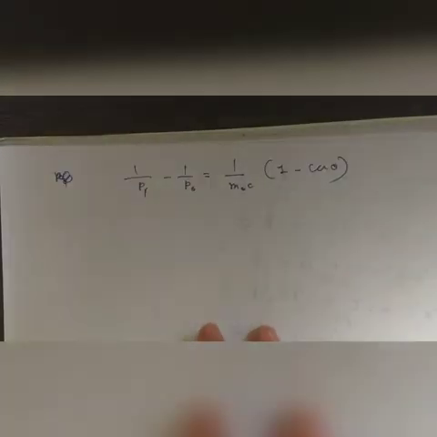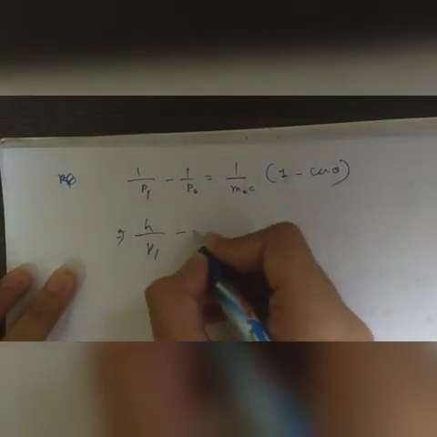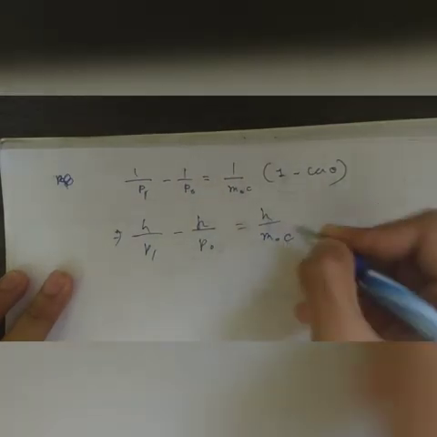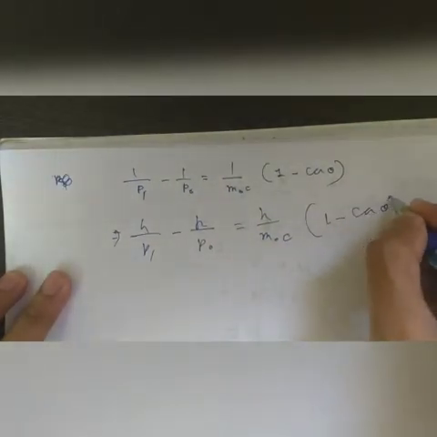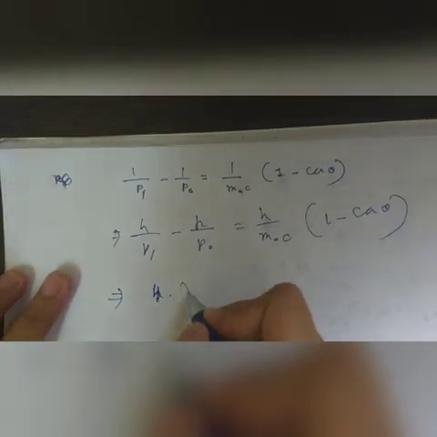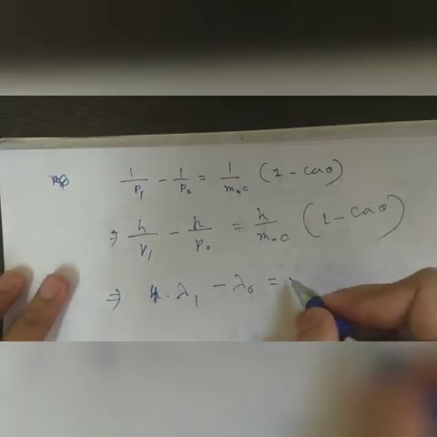And if we multiply both sides with h, that is h by p1 minus h by p naught equals h by m naught c times 1 minus cos theta. This will be the wavelength from the de Broglie equation, h by p equals lambda, so lambda 1 minus lambda naught.